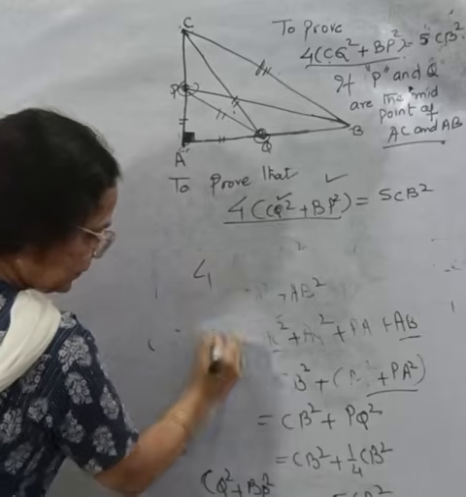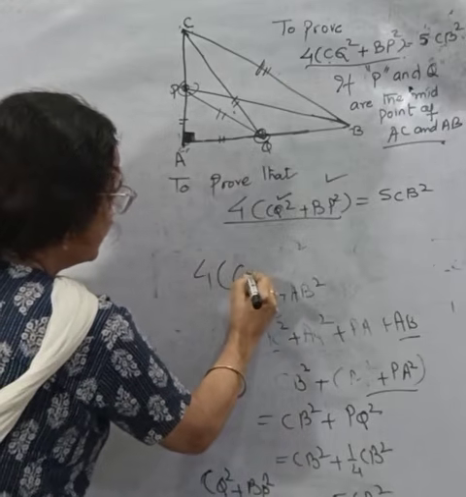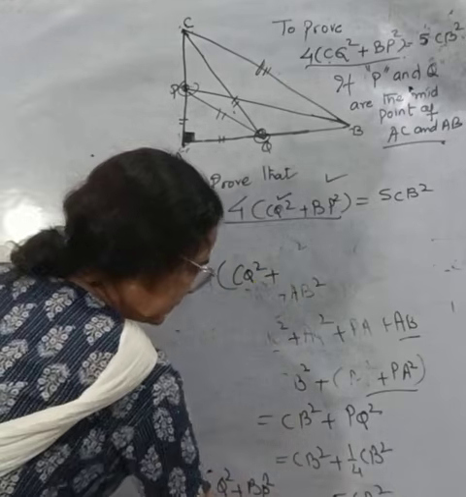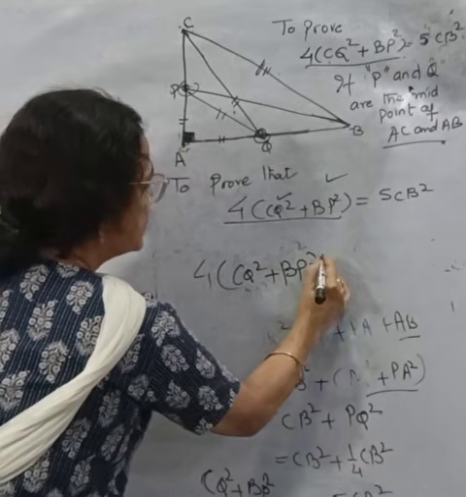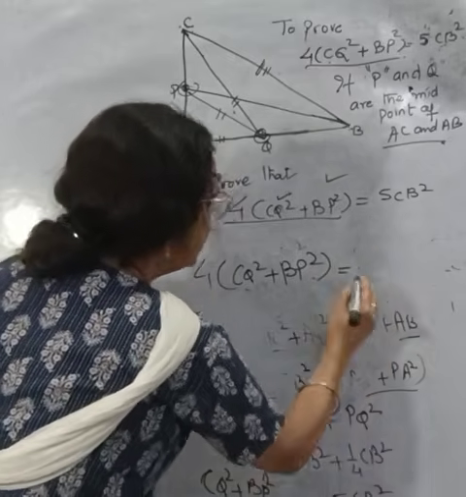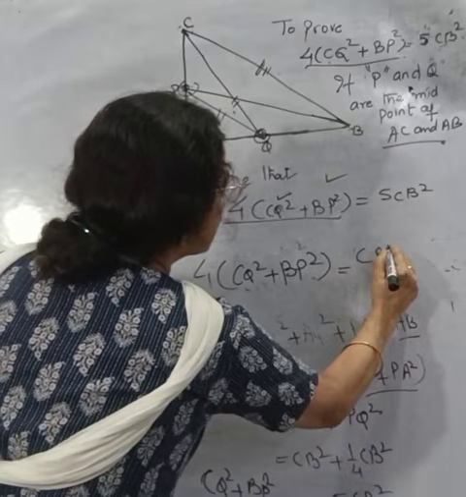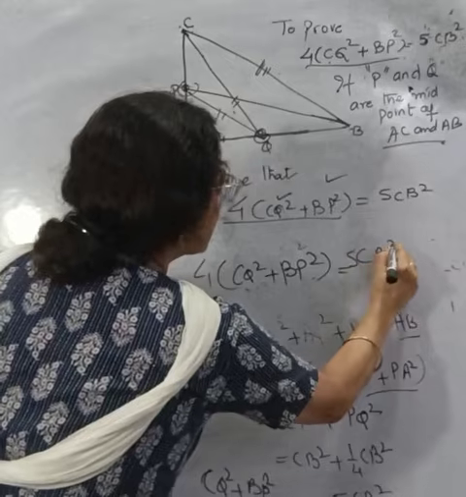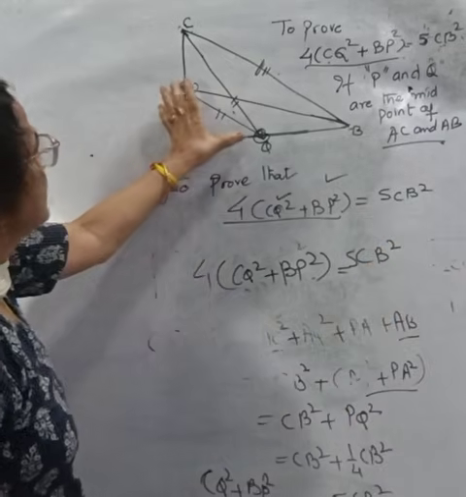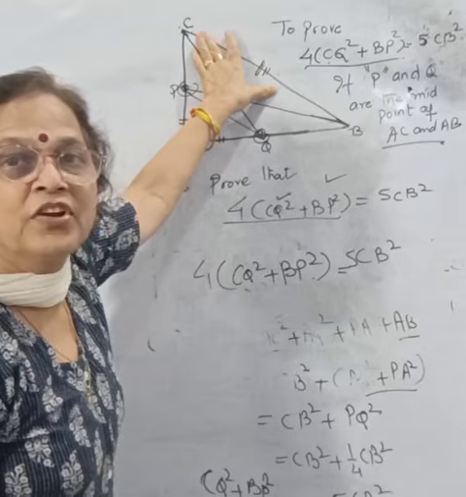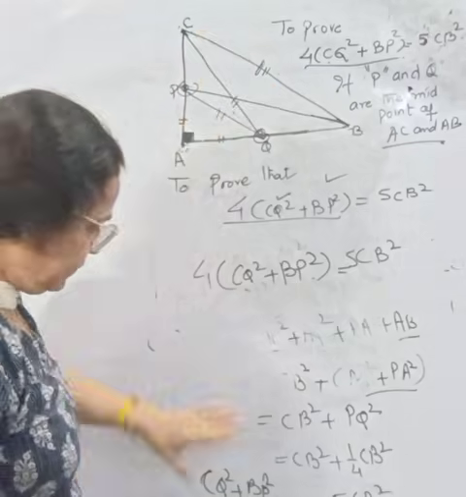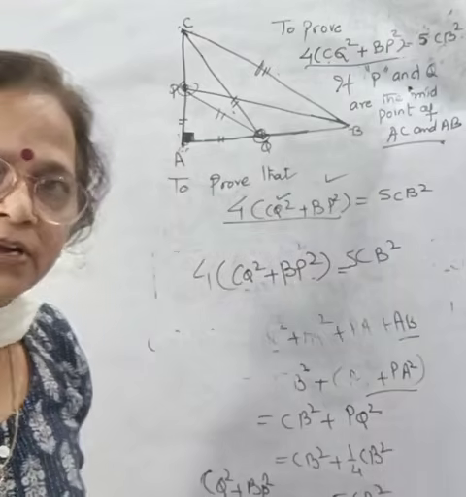This is 4 times CQ square plus BP square, which is equal to 5 times CB square, because the square of this is the square of 1 by 2 CB. This is proved. This is a very good question.